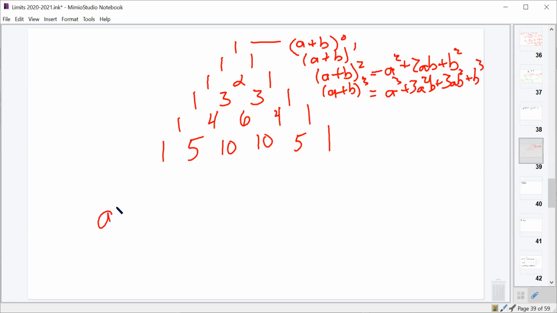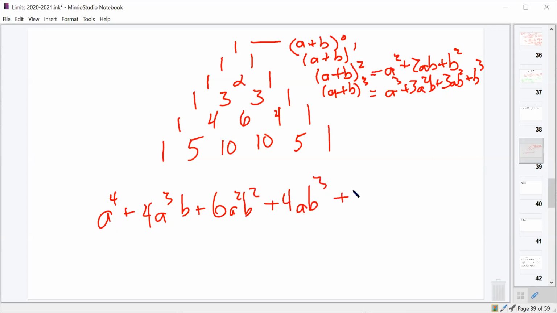This one is a to the fourth plus, sorry, the fourth one: a to the fourth plus 4a cubed b plus 6a squared b squared plus 4ab cubed plus 1b to the fourth. And so those are the same coefficients we've got in that problem we were working on.